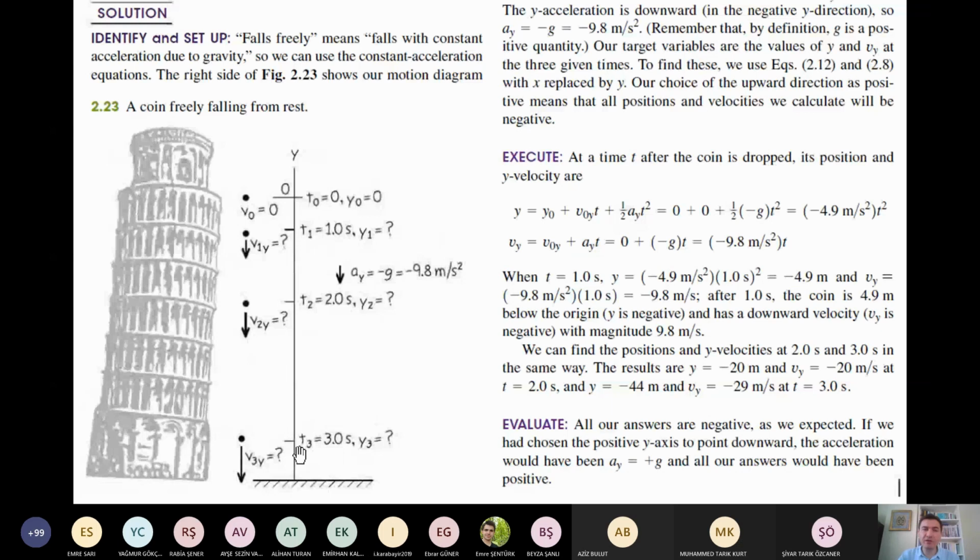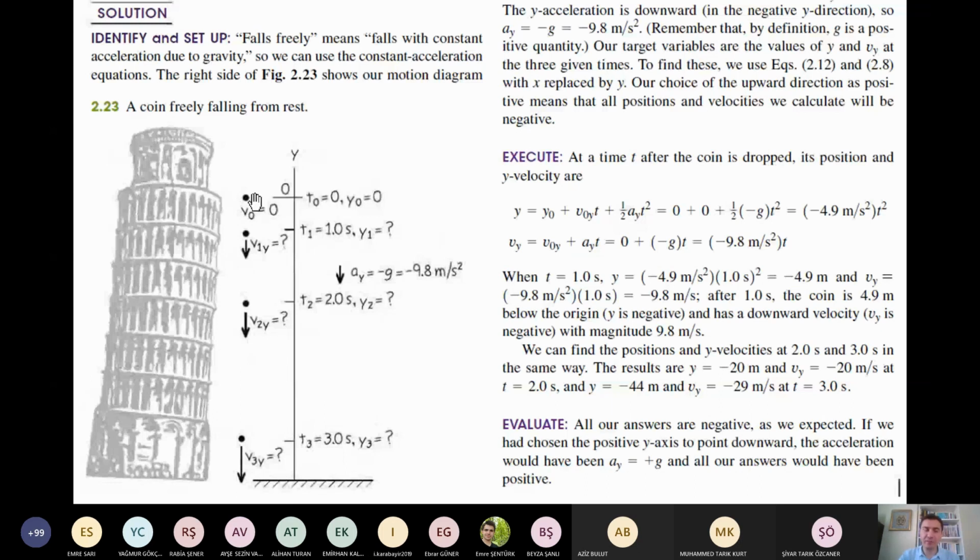I have chosen this direction, positive y. And where is the origin? I can choose the ground as origin, or I can choose this first condition as origin. And within this question, the origin is chosen as the initial position of the coin.